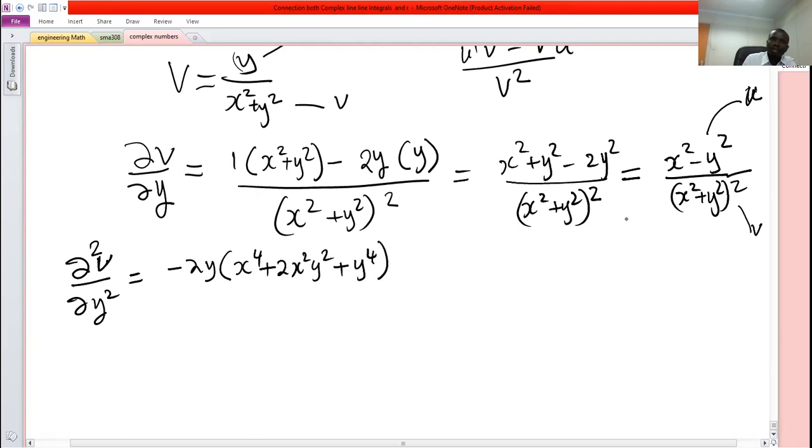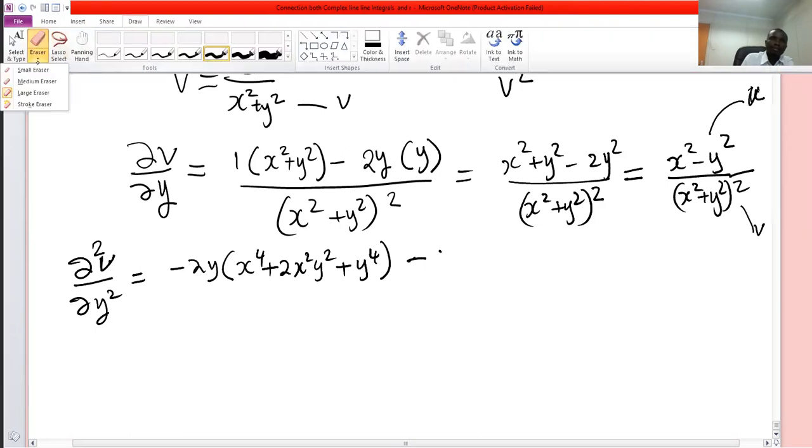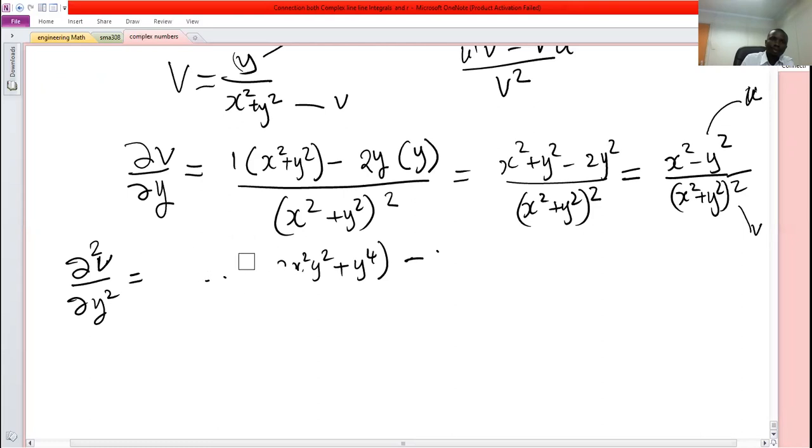I'm simply expanding the v, minus v prime. In fact, there's no need for me to expand this. There's no need for me to expand the v.